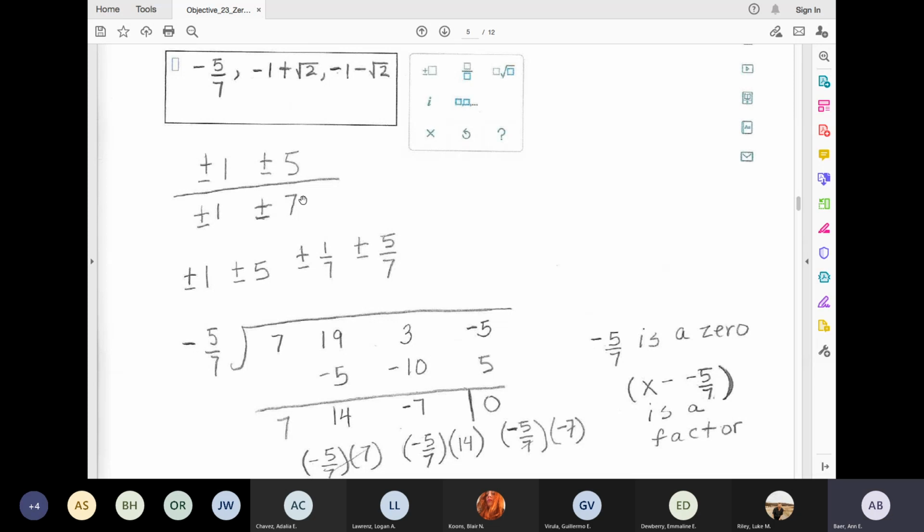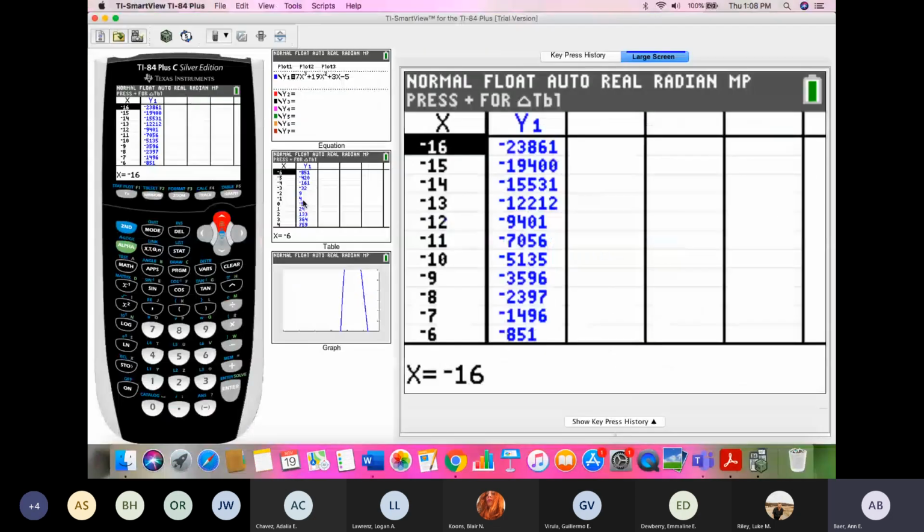Now what we want to do is go back and look at the graphing calculator. I'm just writing down what I've got there. So let's go back. Now, you can look through the table.